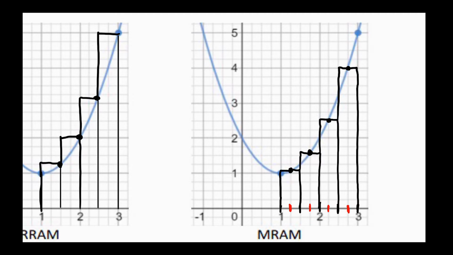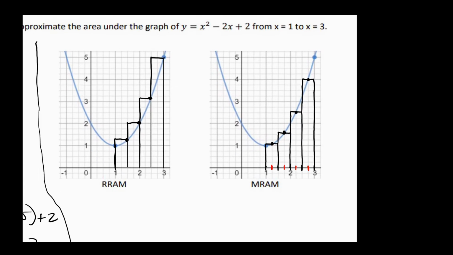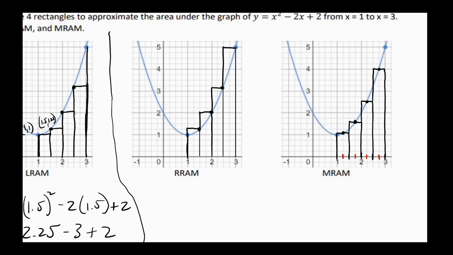Well, the x is 1.25, right? How do I determine the y? Because the y is going to tell me my height, how tall it is. So what can I do to figure out the height? Yeah, plug it into the function, just like we did yesterday.